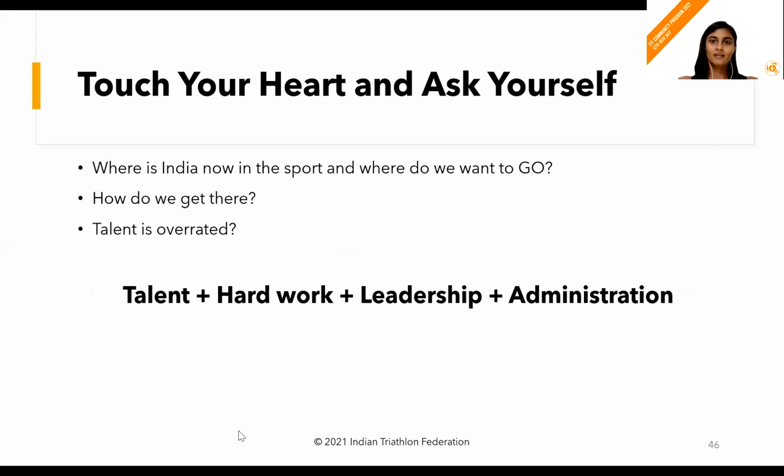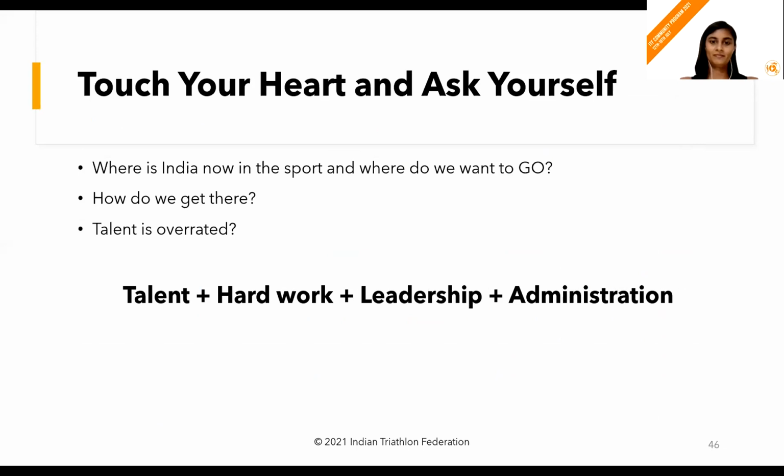I think we're on the last slide now, before we take some questions. Again, the ITF has had this multiple times, you know, where is India now in the sport?